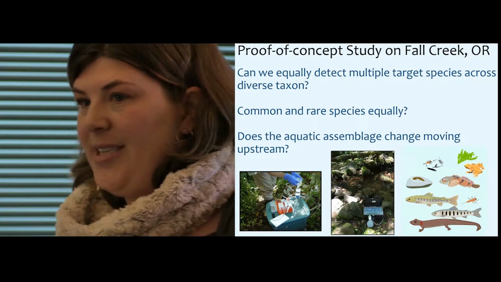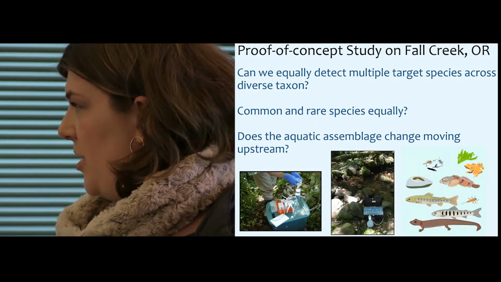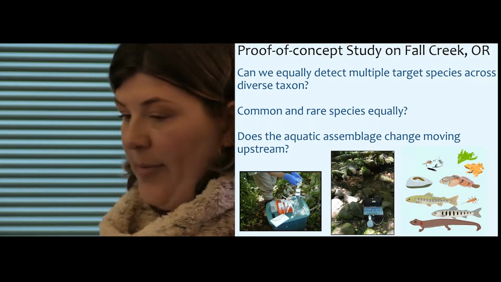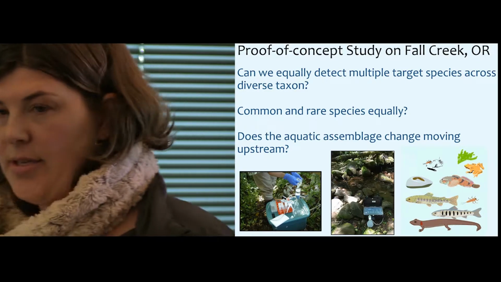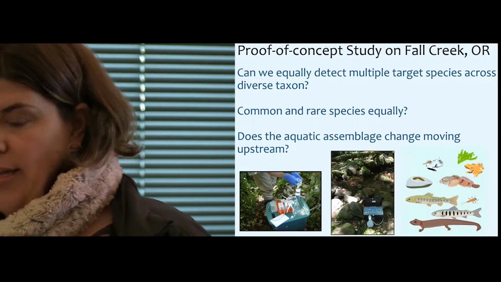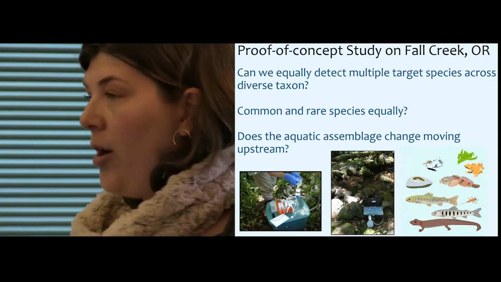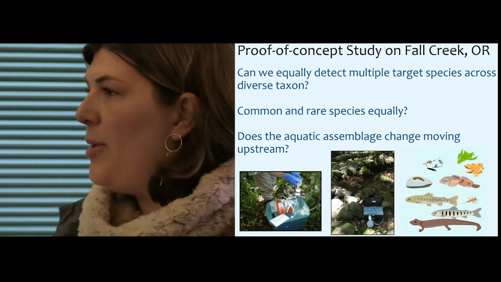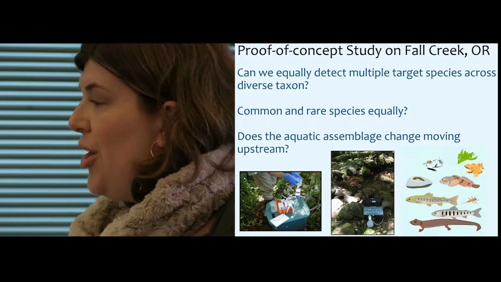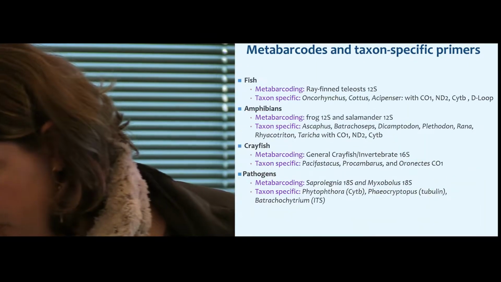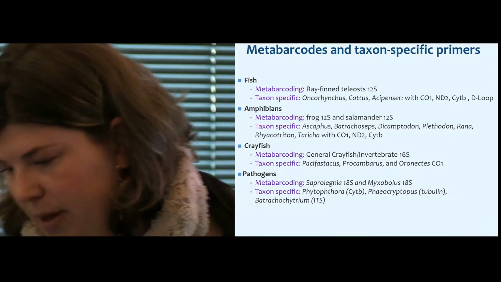Can we also detect our common species and the rare ones in our system? Because we're interested in being able to identify both of those, so not just our common species. And can we track the change in the aquatic assemblage that moves upstream that we know occurs based on our traditional samples? Can we track that and find similar results using eDNA that we would expect? And so these three questions we really tried to get at with this study.